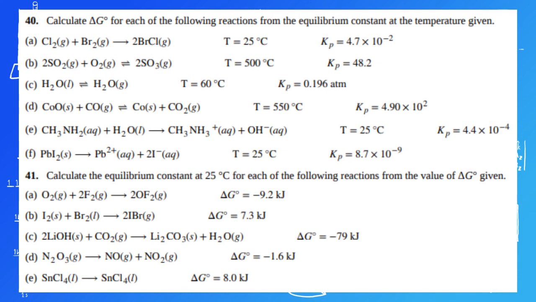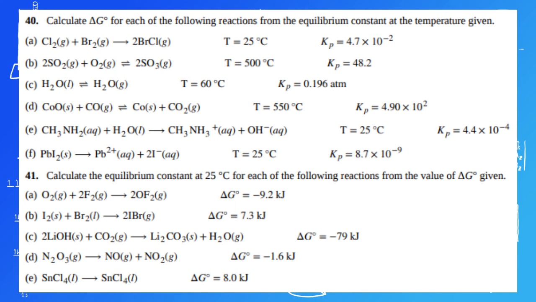40, calculate delta G standard for each of the following, so more of the same. 41, calculate the equilibrium constant. Here we go. So the reverse process, they give you delta G standard, and they want you to calculate the equilibrium constant. Let's see.